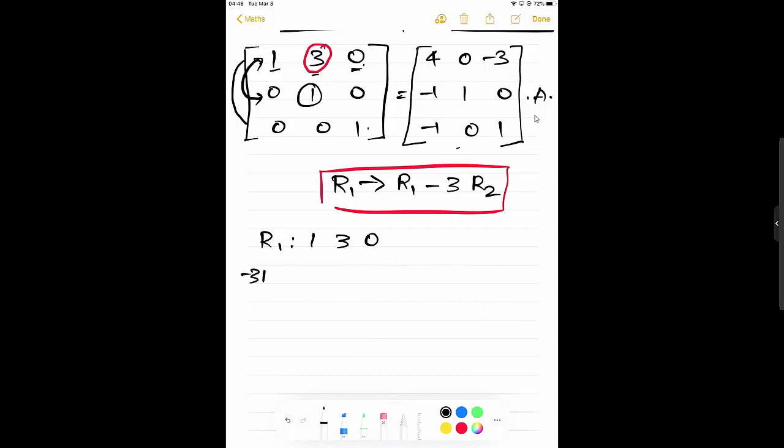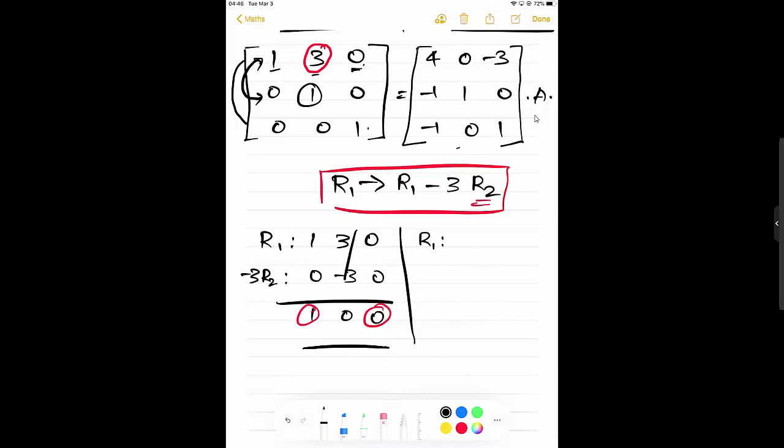Then minus 3 R2 value, just multiply with minus 3: 0, minus 3, then 0. What will be the answer? If you add, 1 will change to 0, 3 will change to 0. For the identity side, R1 we know 4 0 minus 3, then minus 3 R2.